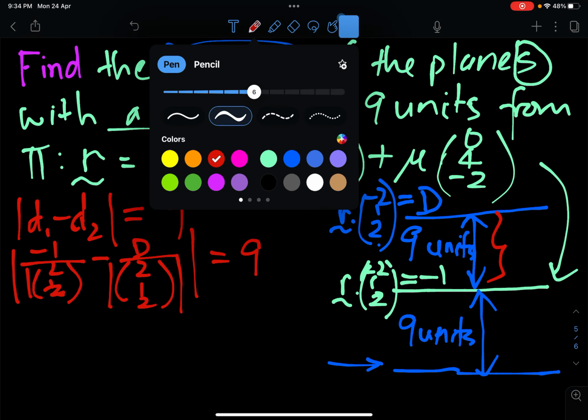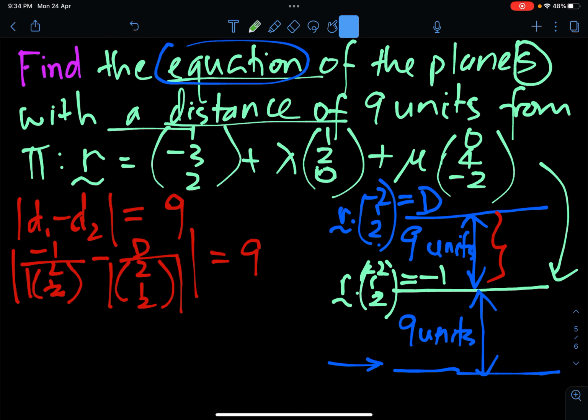So we have minus 1 over mod of 2, 1, 2, which is the square root of 2 squared plus 1 squared plus 2 squared, which is actually root of 9, which is 3. So I'm just going to write 3 here.